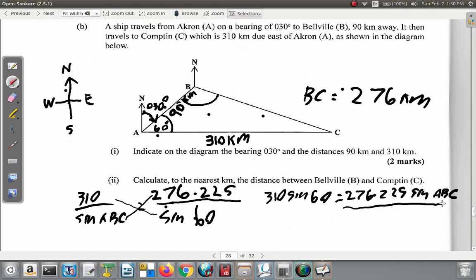After that, I'm going to divide by 276.225. That is gone, so I only have sine ABC to find. I must divide the left hand side by 276.225 as well. So what is sine ABC equal to?